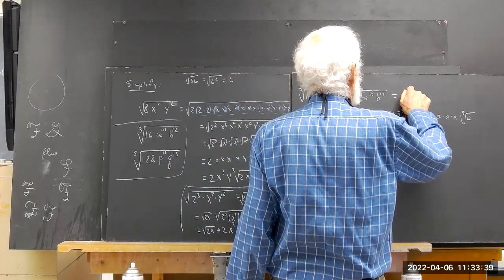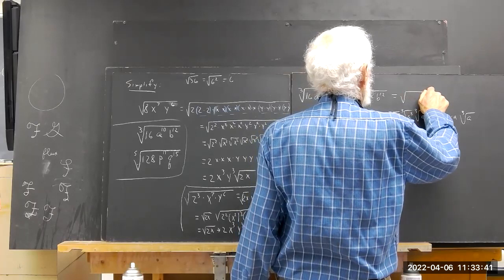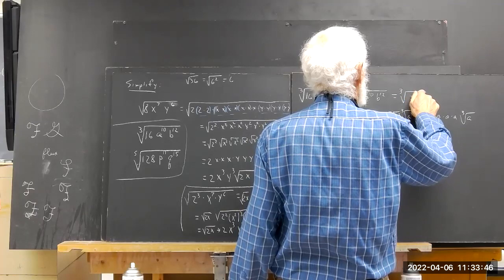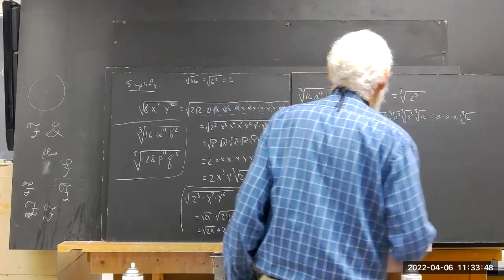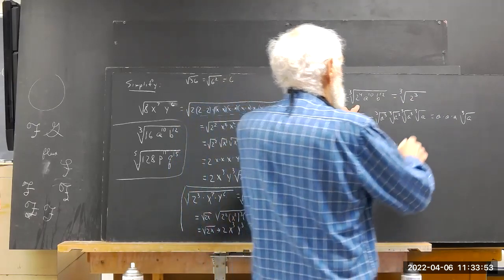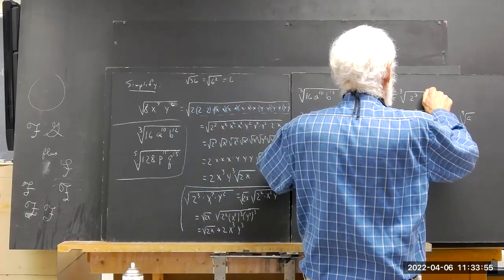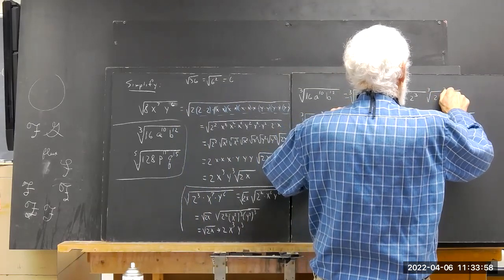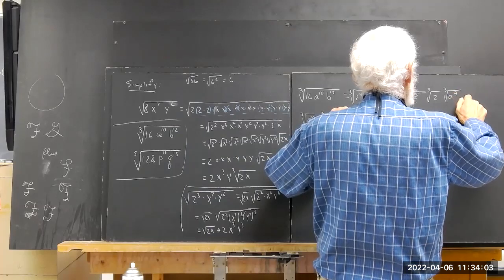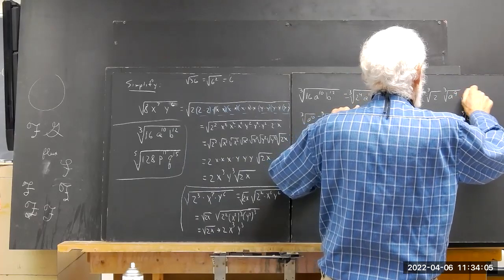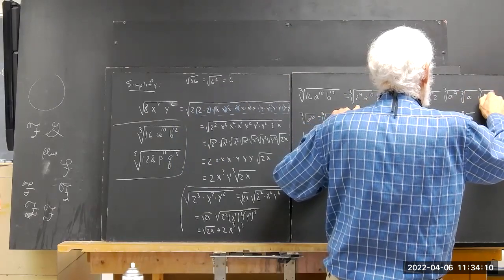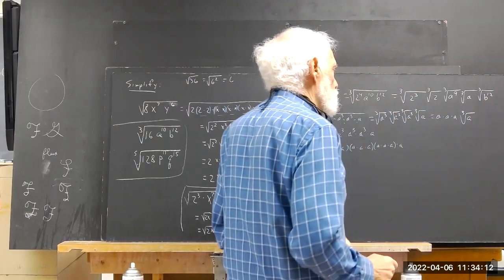So let me write this now as the cube root of 2 cubed times the cube root of 2 times the cube root of A to the 9th times the cube root of A times the cube root of B to the 12th.